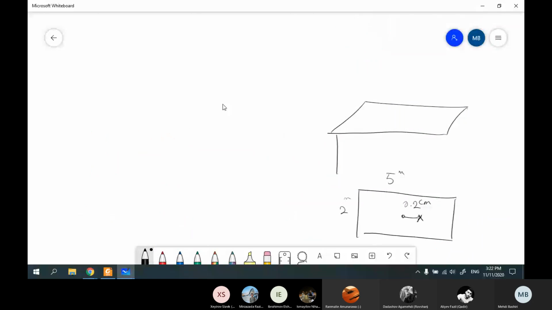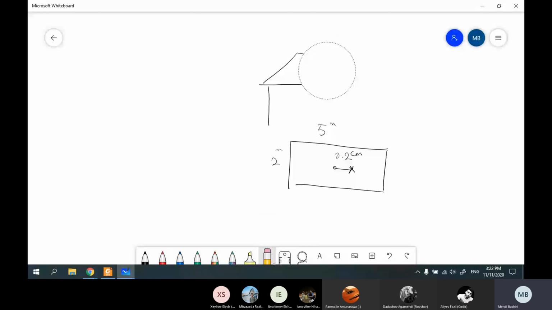It might be a little confusing, but I'm trying to make it easier. This is the top view, this is the 3D view.